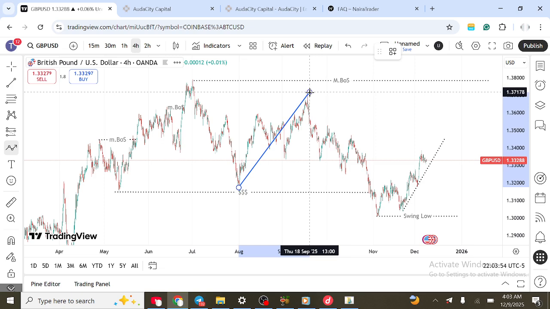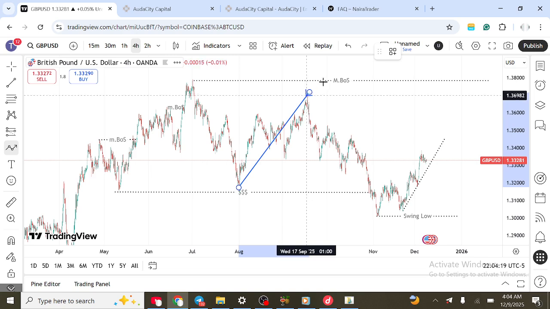A setup is an induced movement of the market that poses as if it is going to break a structure. So anytime the market behaves in such a way that it wants to break the present key level of the market but goes in the opposite direction, it is called a setup.